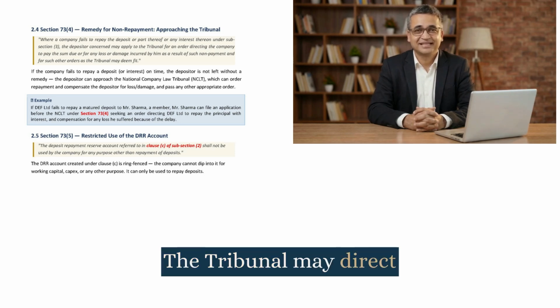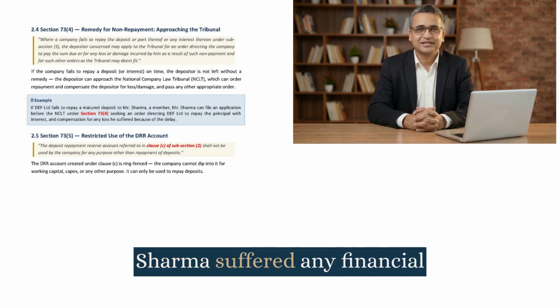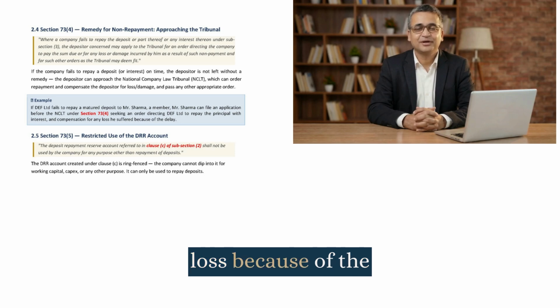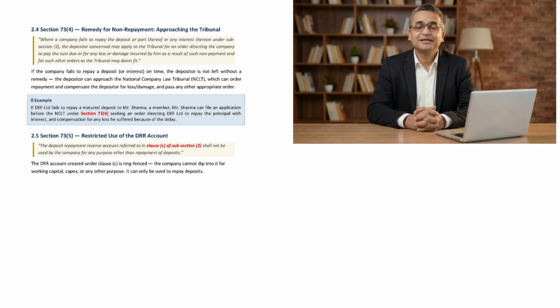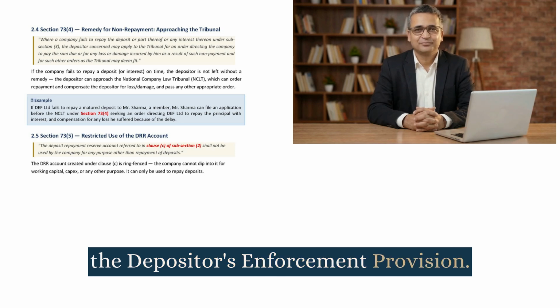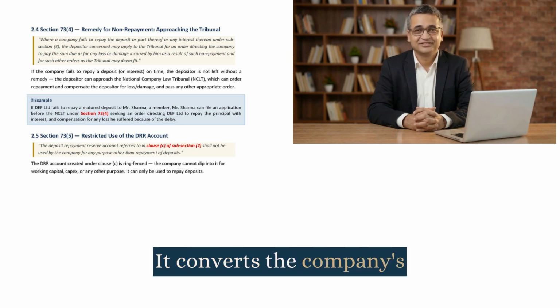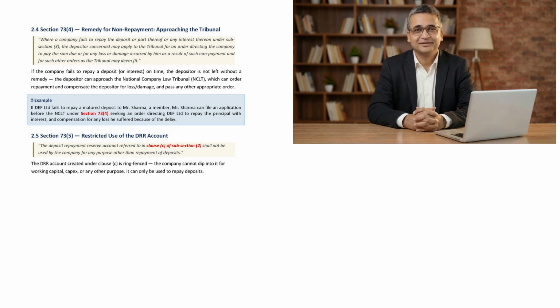The tribunal may direct DEF Limited to repay the deposit, to pay the interest, and if Mr. Sharma suffered any financial loss because of the delay, the tribunal can also award compensation. This is why Section 73(4) is often called the depositor's enforcement provision. It converts the company's promise into a legally enforceable obligation.